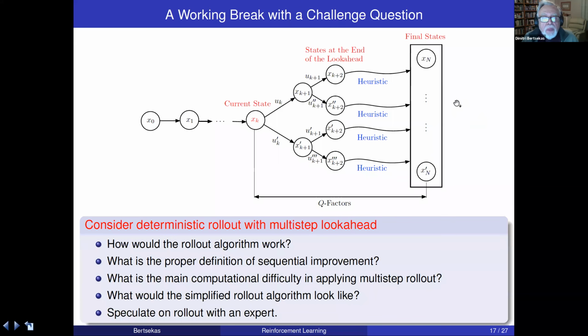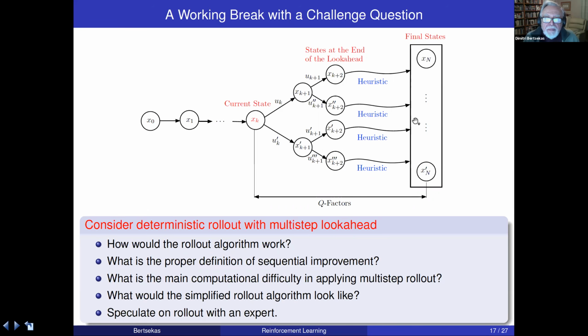It has to do with multi-step look ahead in deterministic rollout. The kind of algorithm that we envision here, based on our view of multi-step look ahead, is one whereby we build a deterministic trajectory, and at the end of the current trajectory, the current state, instead of looking at just one control ahead and then running the heuristic, we look at several controls ahead, and then we run the heuristic.